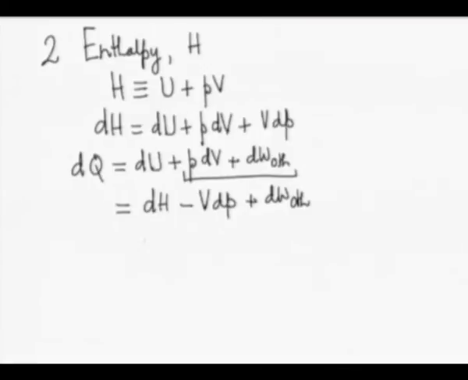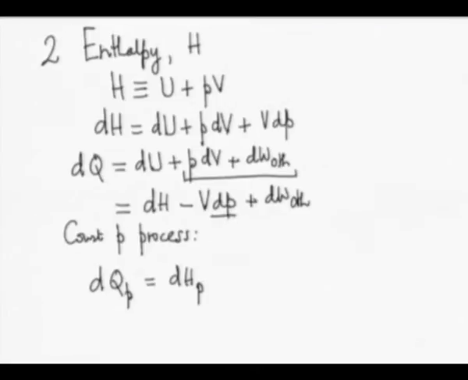And that means now look at this dP. If I consider a constant pressure process, we get dQ at constant pressure is dH at constant pressure. At constant pressure this term will be 0 plus dW other.